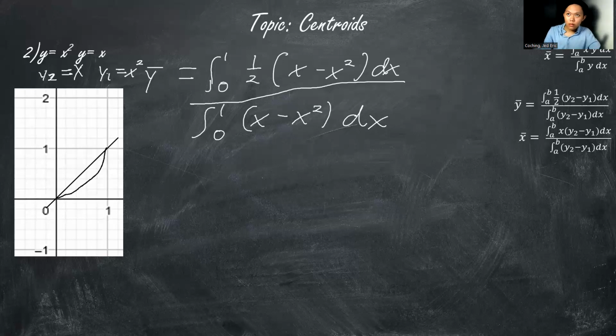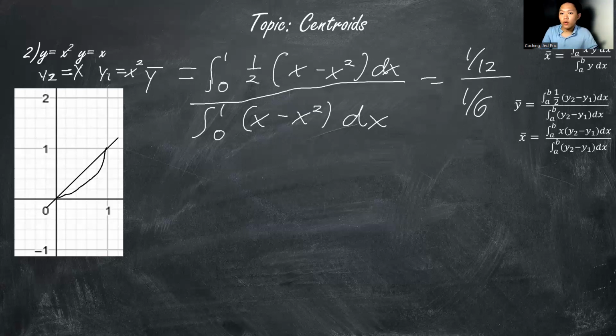This is going to become 1 divided by 12. And for the denominator, it's going to become 1 over 6.